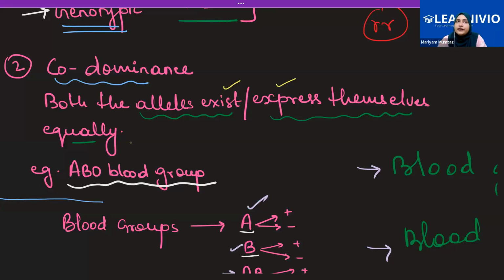On the surface of the RBC, there are certain proteins present, which we call antigens. Antibodies are those proteins that fight infectious diseases in our body. Not just diseases, any foreign particle that comes inside our body, the antibodies fight them.